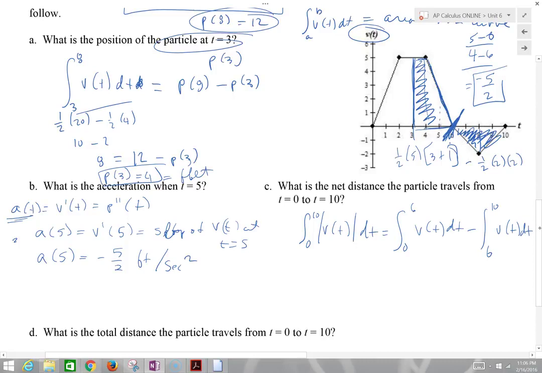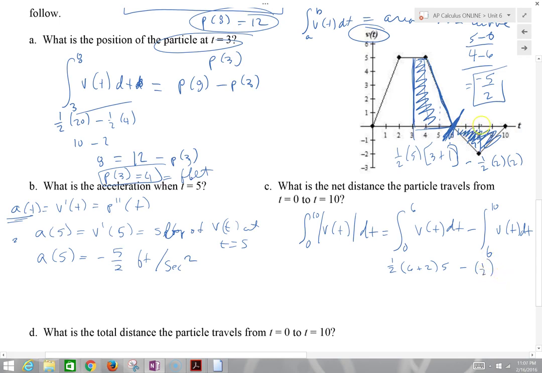So we're going to find the area under the curve where it's positive, and then the area under the curve where it's negative. And we're going to make sure that those are all positive. So the positive part is a trapezoid, so we have 1/2, the base is 6, plus the top base is 2, times the height, which is 5, and from that we're going to subtract the area of the triangle, which is 1/2.